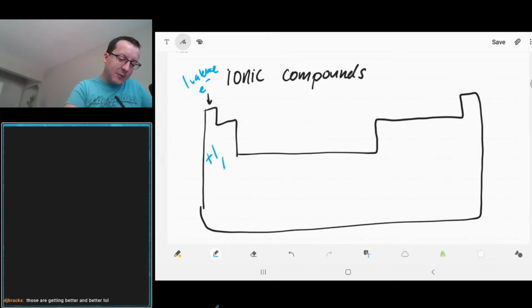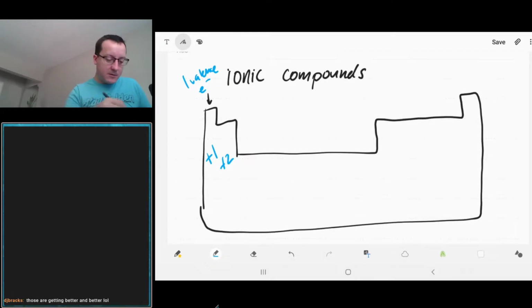Similarly, everything in the second column is going to form a +2 ion. They're going to lose 2 electrons to become like a noble gas. So something like calcium, which is argon 4s2, is going to lose those 2 s electrons and become a +2 ion.